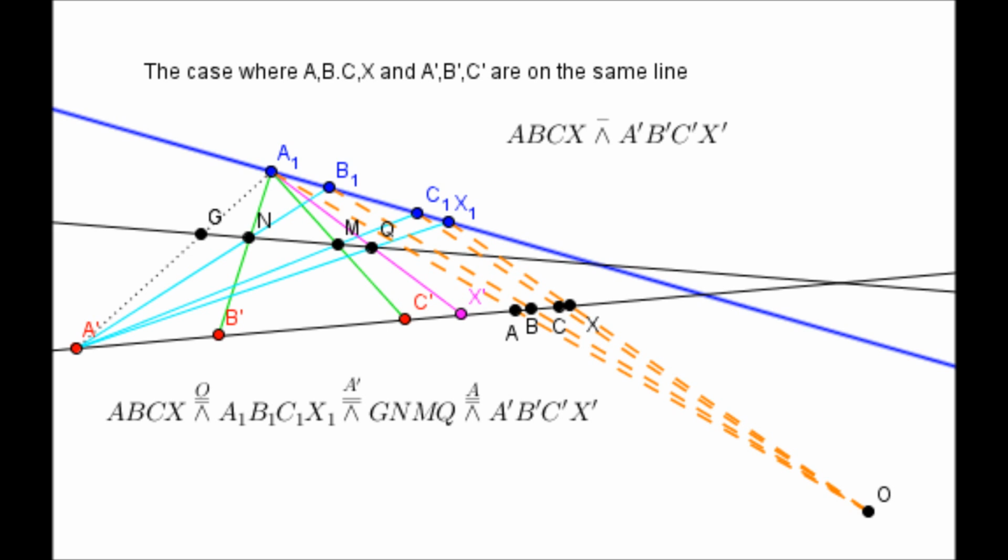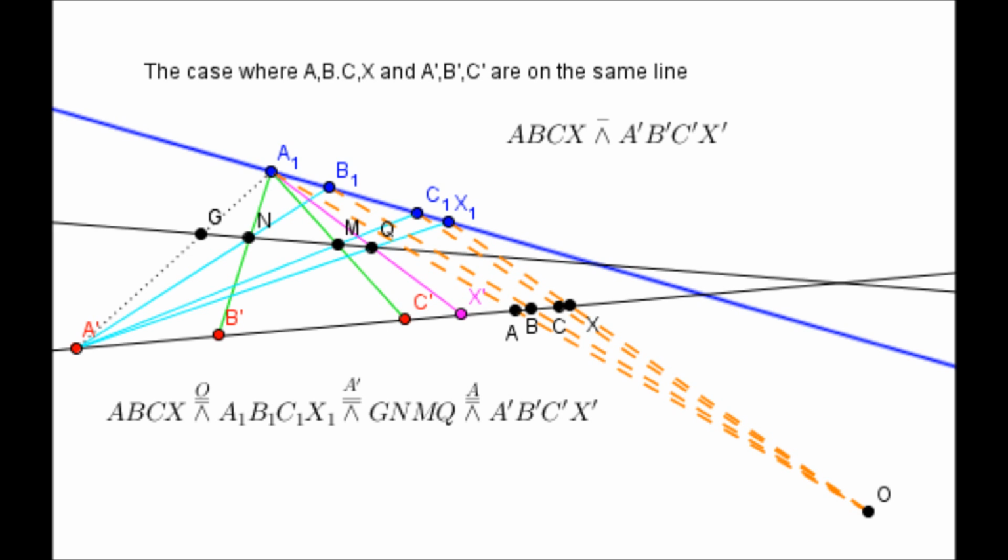And then we've basically got the same kind of setup as we had before. We have these points A1, B1, C1, X1 on a line, and we have these points A dash, B dash and C dash on a second line.